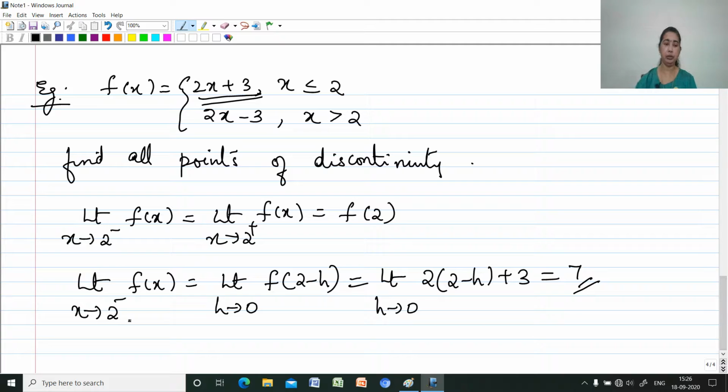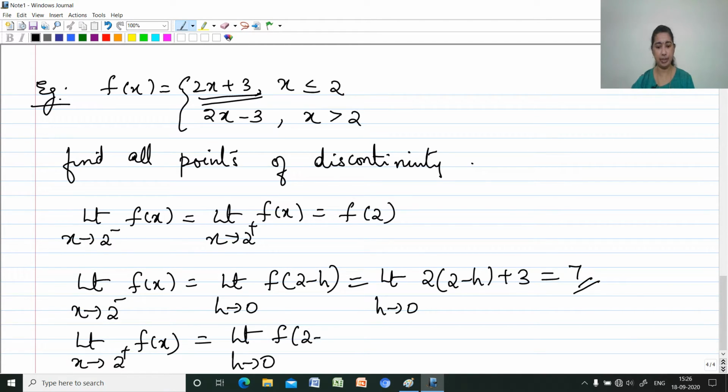Now moving on to the right hand limit. Limit x tends to 2 plus f of x is equal to limit h tends to 0 f of 2 plus h, since 2 plus means a few points more than 2. Here, when x is greater than 2, you have to take the function 2x minus 3.